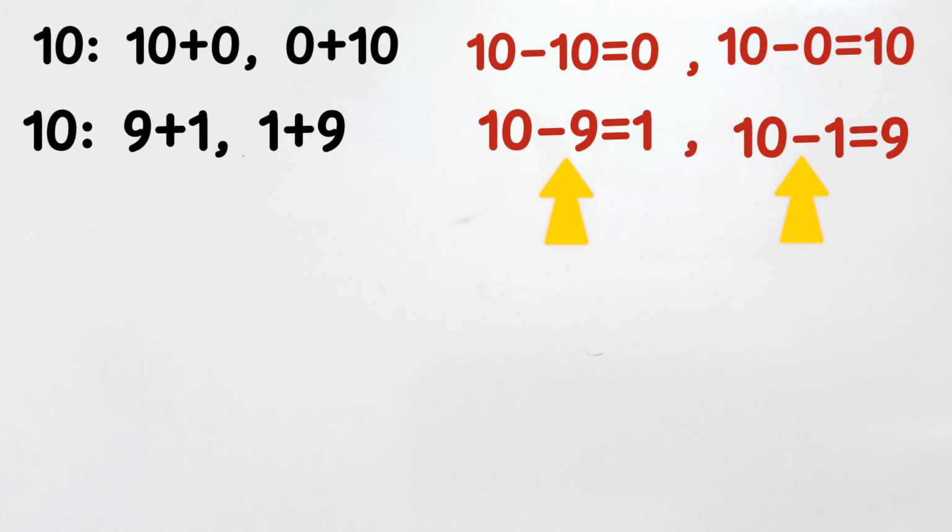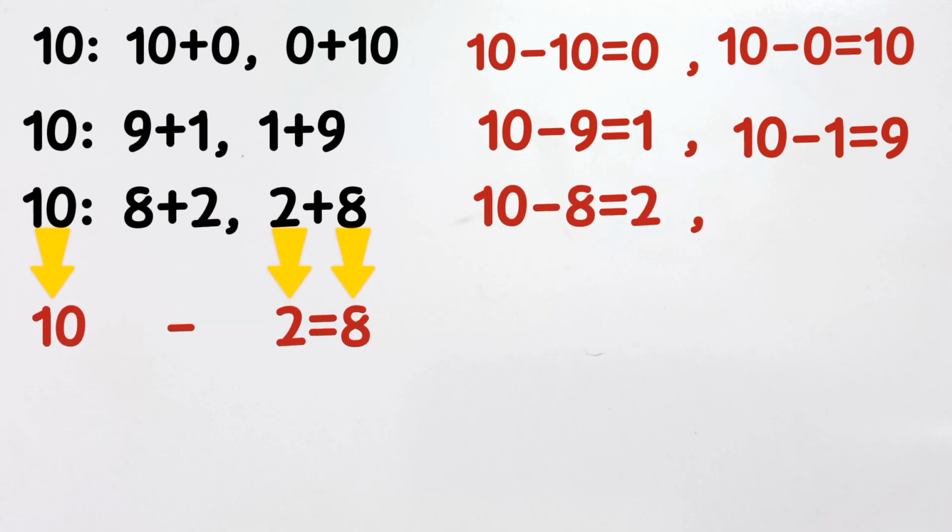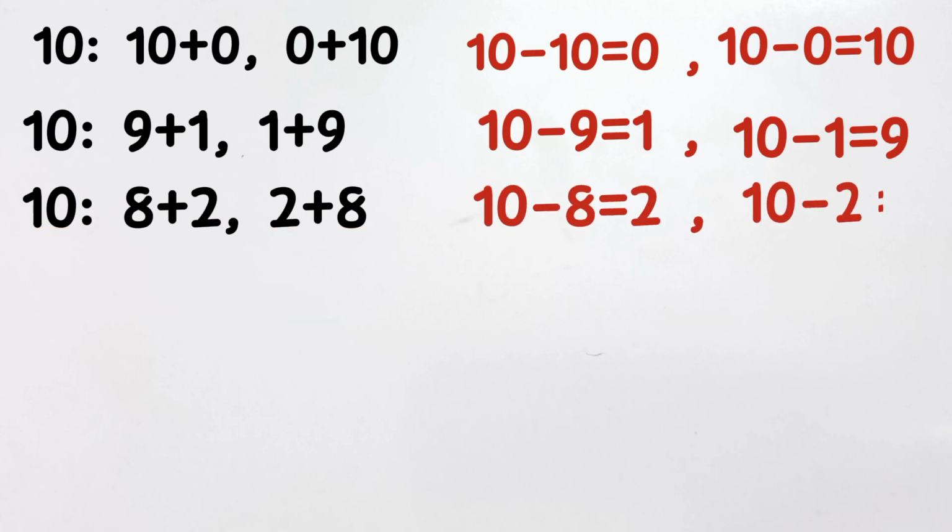Let us consider the next number bond of 10, 8 plus 2 and 2 plus 8. If we subtract one number of this addition pair from 10, the answer is the other number. 10 minus 8 equals 2 and 10 minus 2 equals 8.